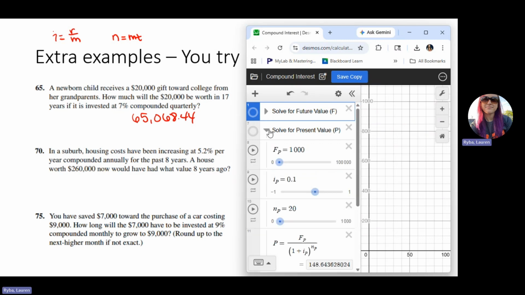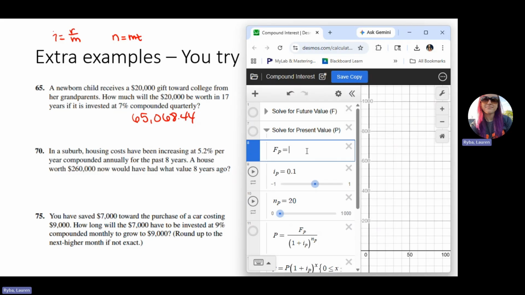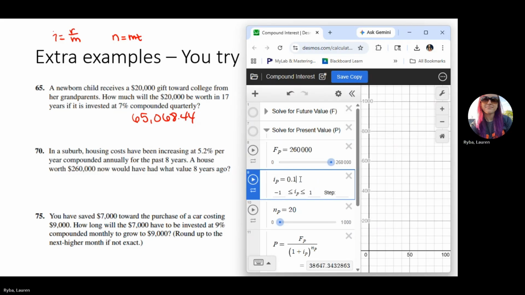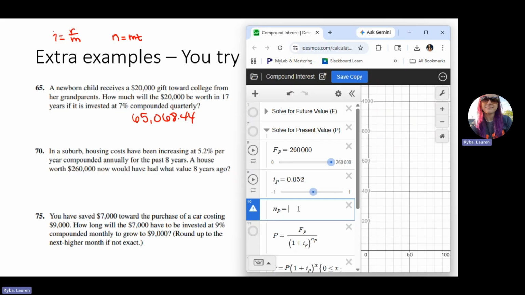what I started with. We have $260,000. Interest rate is 5.2, so 0.052. It's annually, so I don't have to actually divide by anything. And then multiplying by 1 doesn't change the answer, so it's just 8.